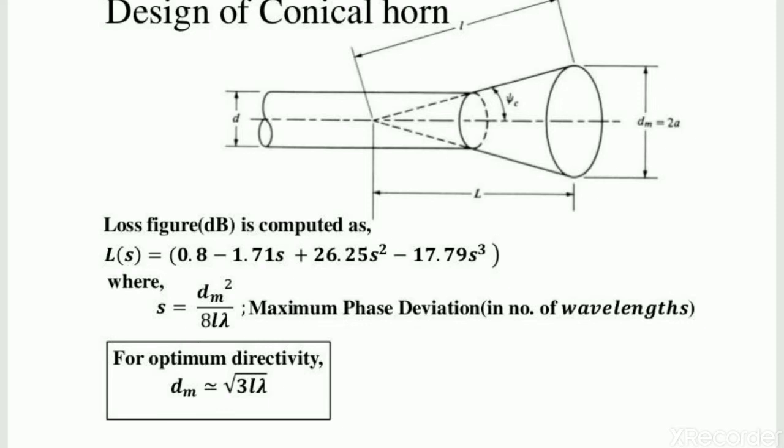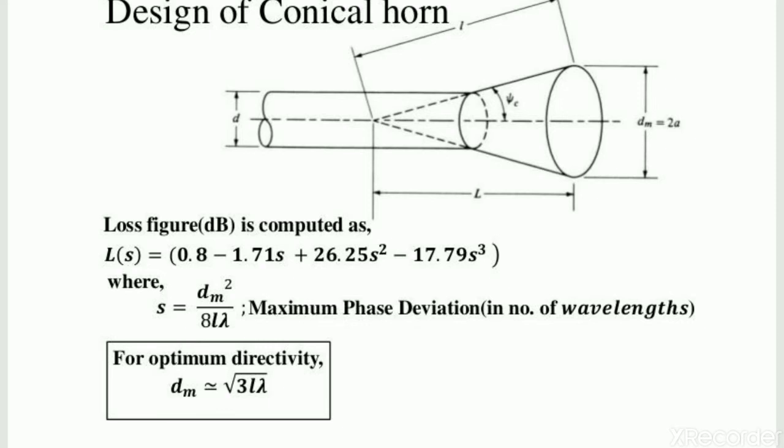So from this figure we can derive the loss figure in decibels. The formula for the loss figure is given below this diagram, that is Ls is equal to 0.8 minus 1.71 s plus 26.25 s square minus 17.79 s cube, where small s is equal to dm square divided by 8 L lambda, where dm is the diameter of the aperture.